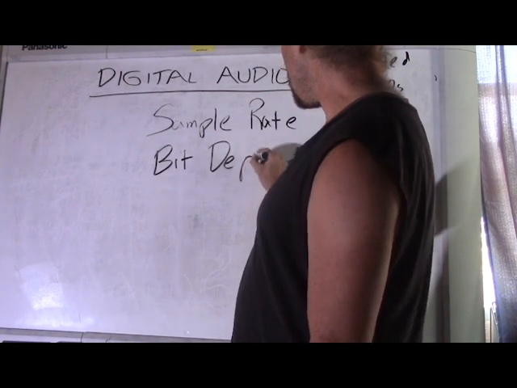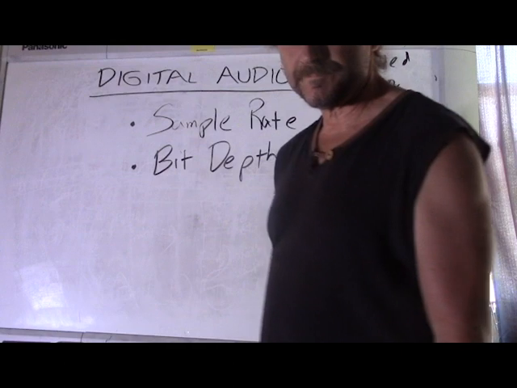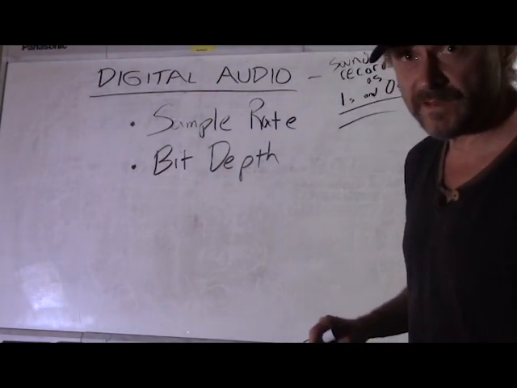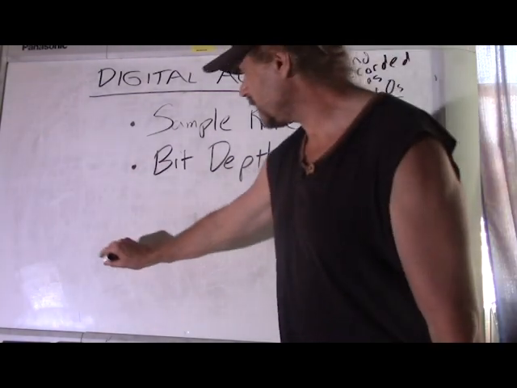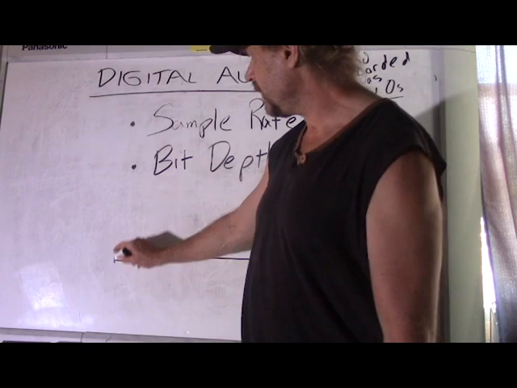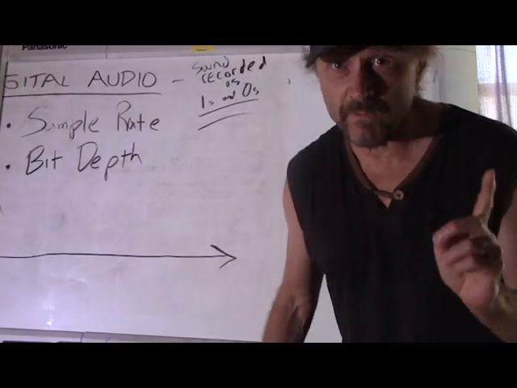What the heck does that mean? Well, I'm going to explain what sample rate is and what bit depth is. Sample rate is kind of like going this way on our graph, and bit depth is going this way on our graph. Sample rate's the easiest thing.